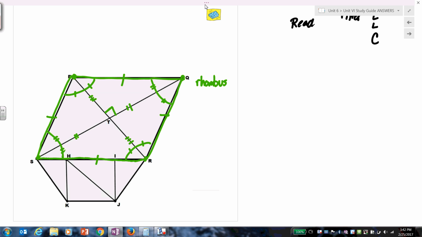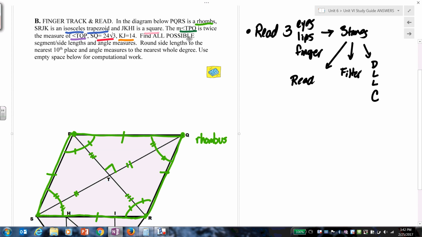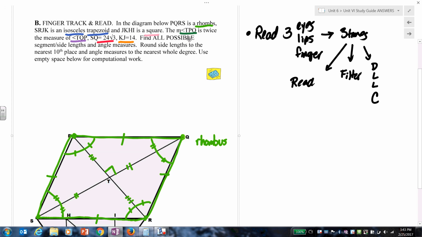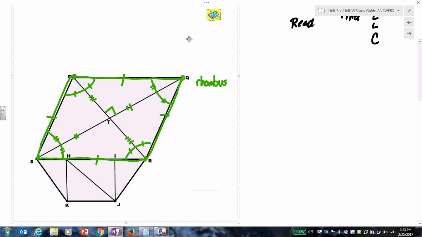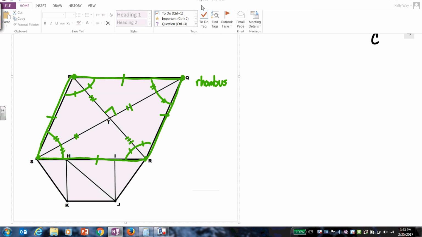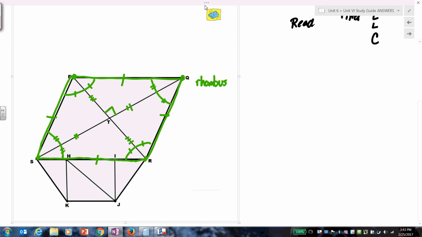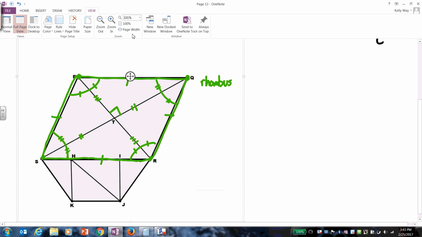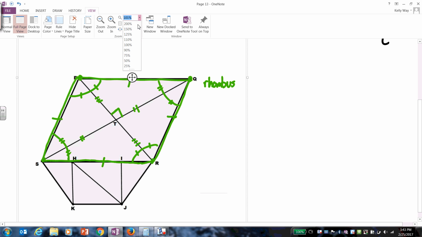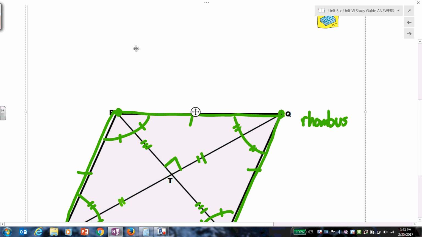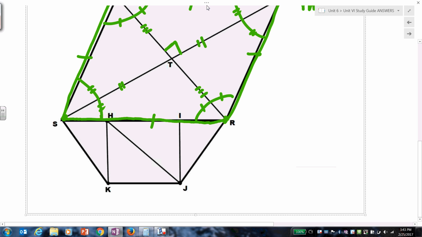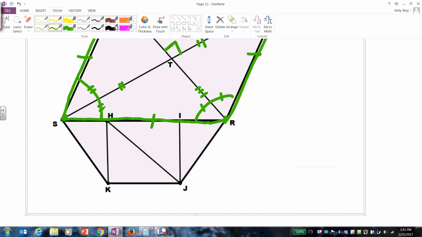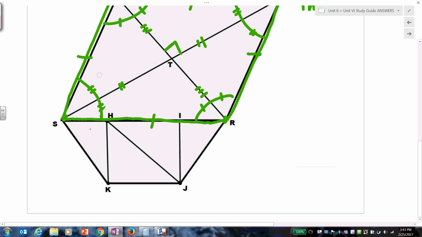Now we come down here, and we know that SRJK is an isosceles trapezoid, and we ask ourselves, what do we know about an isosceles trapezoid? Well, if it's isosceles, step number 1 is that we have 2 equal sides.